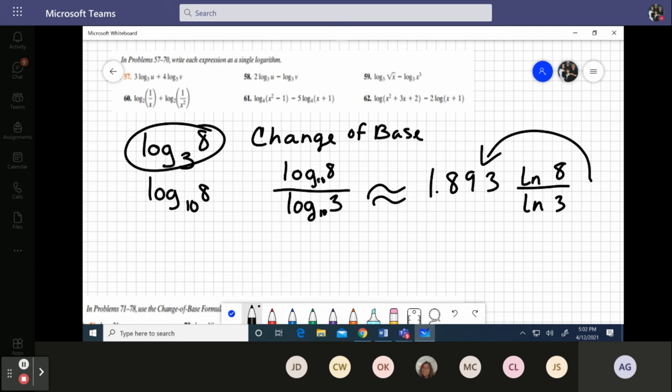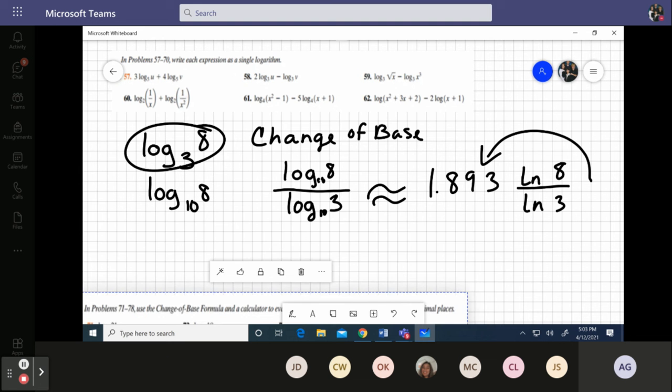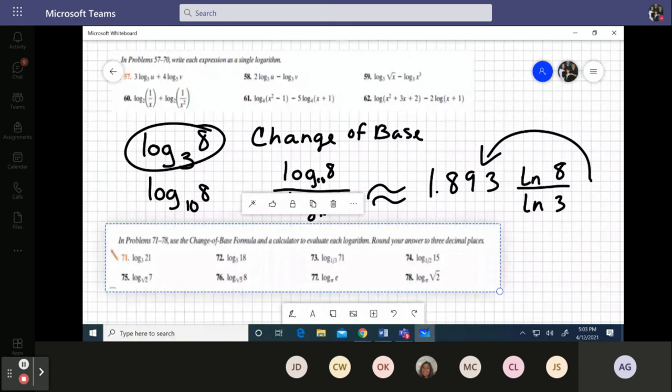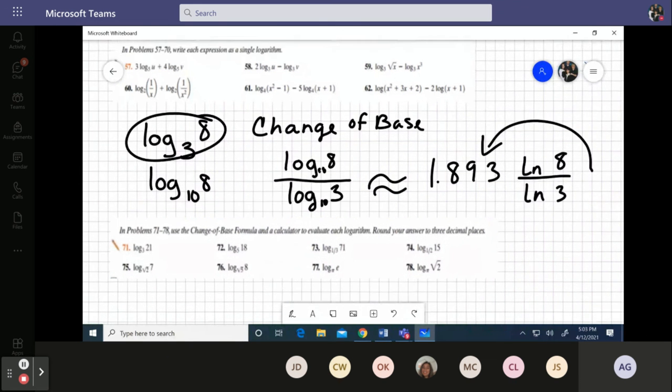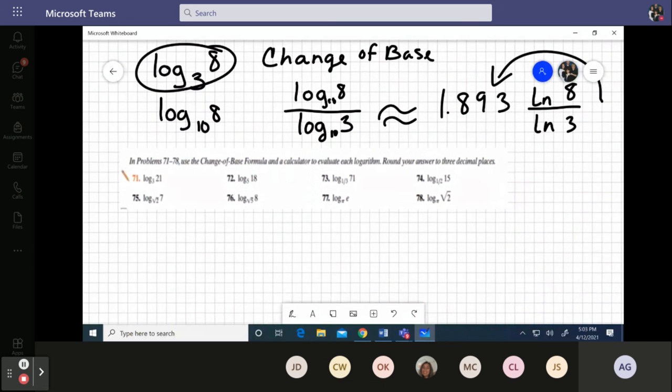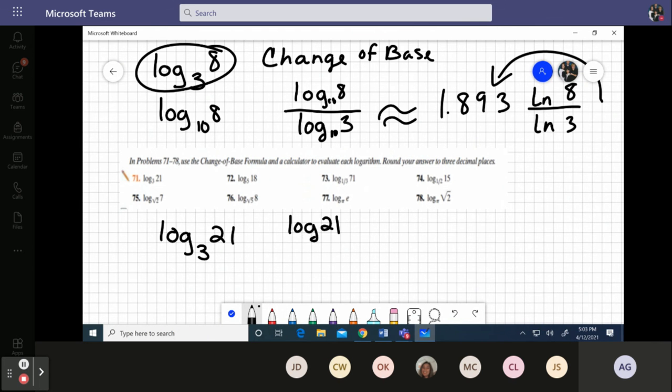All right, let's try a couple from your problems here. Number 21 is going to be, like I said, you're probably going to have to use some parentheses sometimes.